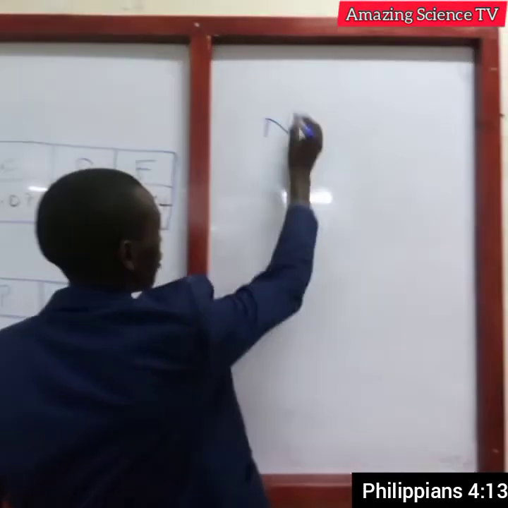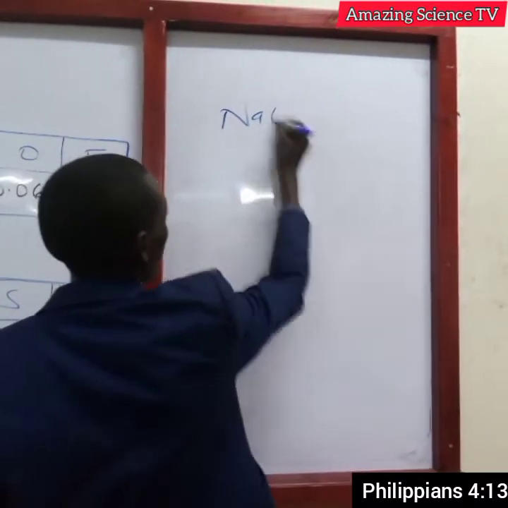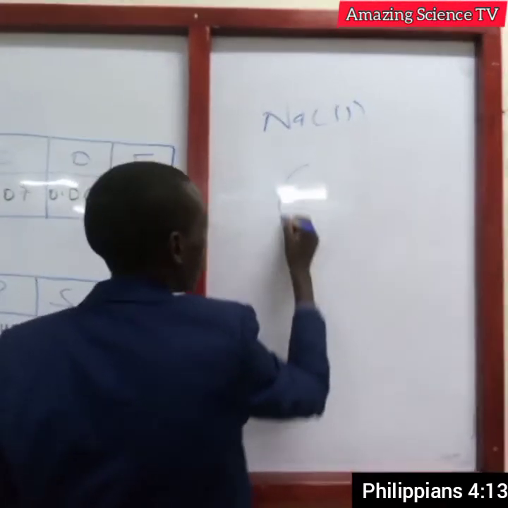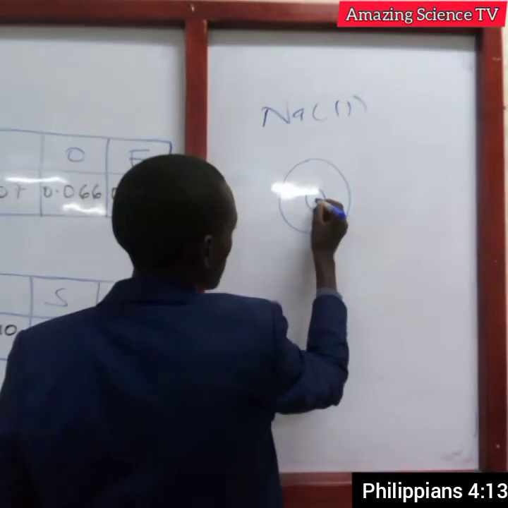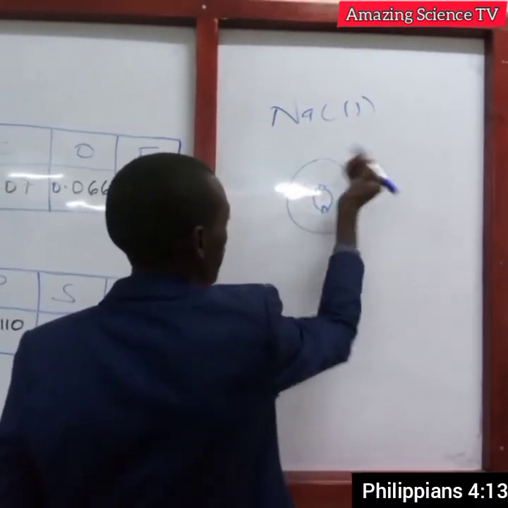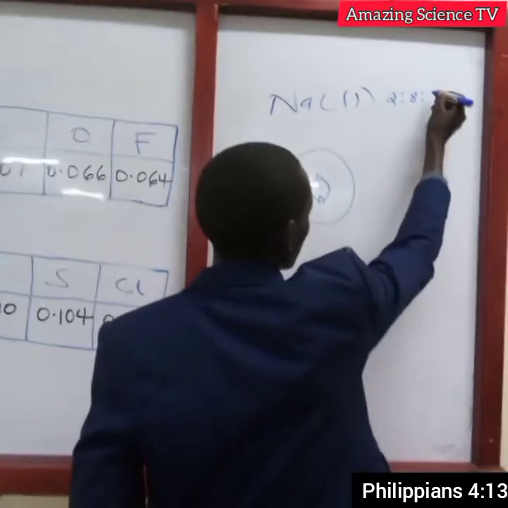Sodium has 11 electrons. And so if we have this as our sodium, this is our nucleus, so we have one electron there, we have another one here. And then, because this is 2, 8, 1.